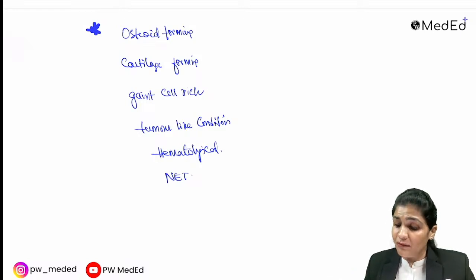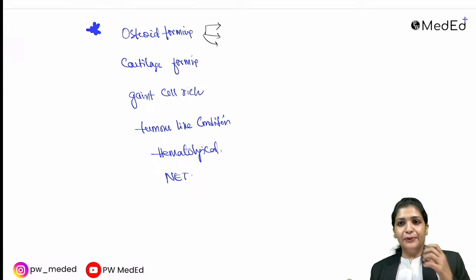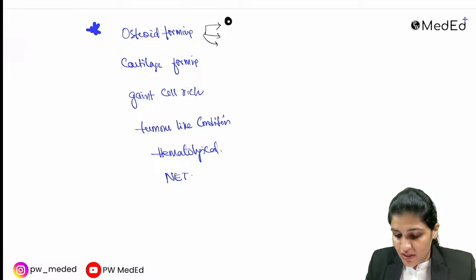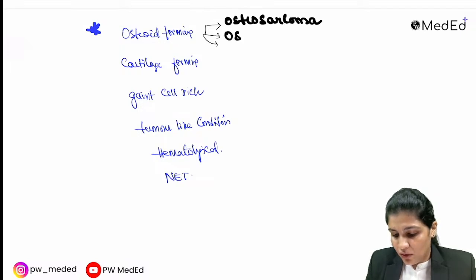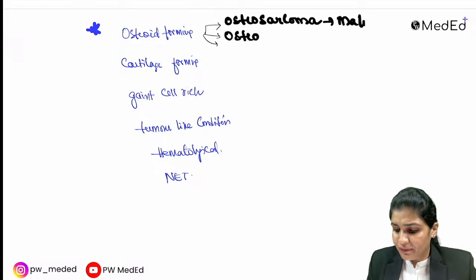So here what I want you to remember is that whenever they say there is an osteoid forming on the x-ray, you have to remember these three tumors. First is your osteosarcoma, which is the malignant type.